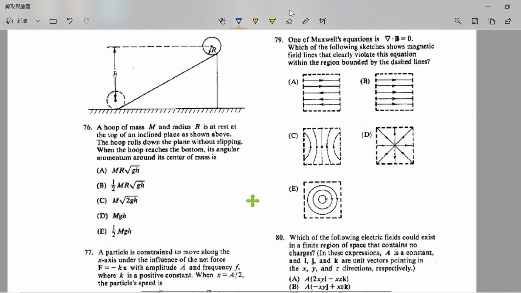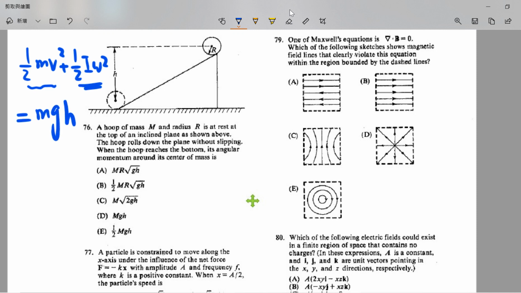What we have is the translational kinetic energy plus the I omega squared, which is the rotation energy, equals mgh. This should be large M. So we have this one plus this one, and by the way, omega squared is v squared over r squared.